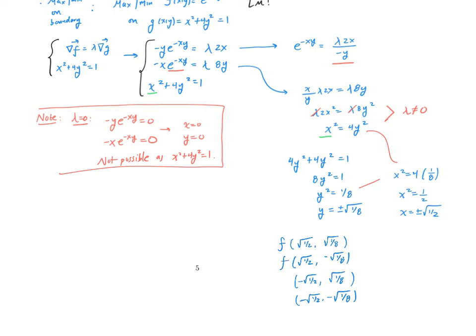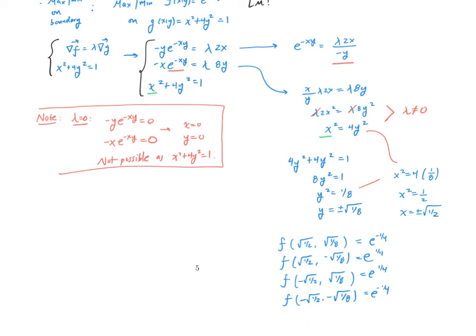And if we evaluate our function f at each of these, we would get e to the minus 1/4 for the first and last possibility, and e to the positive 1/4 in the middle 2 cases.